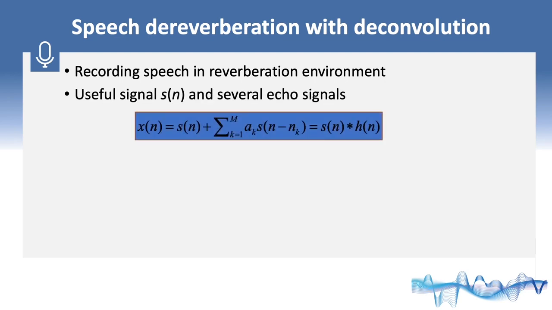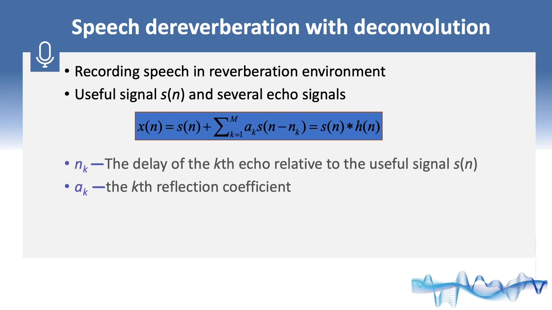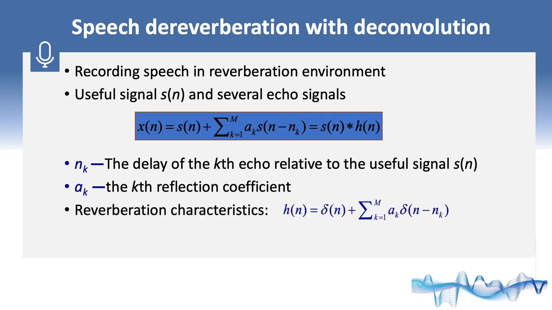Usually, x(n) is the recorded signal, and s(n) is the useful signal that we wish to recover, but it has been added with several echo signals. In another form, the speech s(n) is convolved with the transfer function h(n) before we record it. The function h(n) just represents the reverberation characteristics that were applied by a physical system.